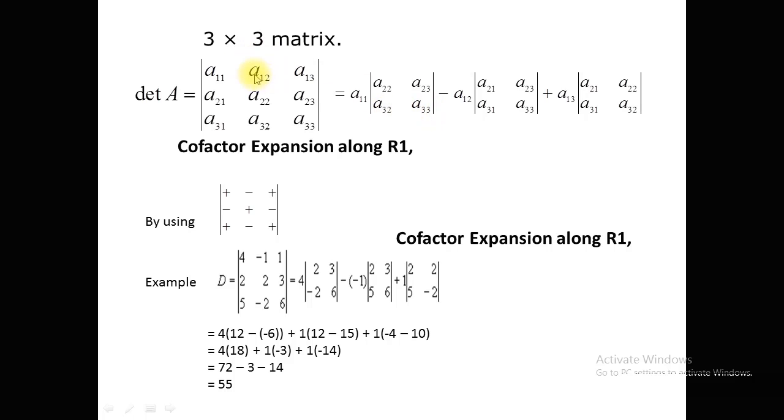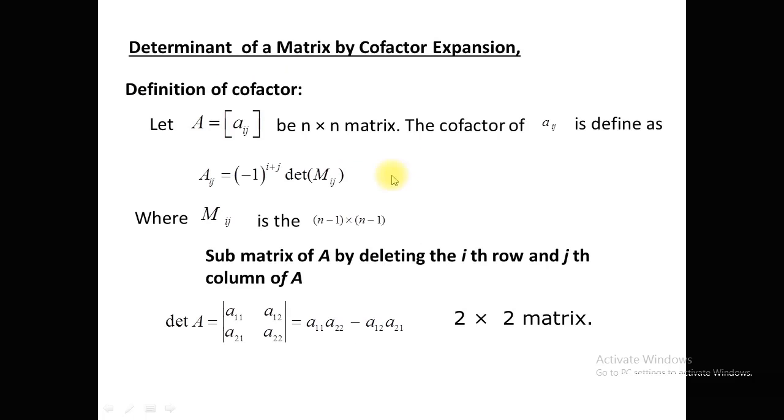Now write the second element of the first row here, and the symbol will be negative because the position of the second element is first row and second column. If we put first row and second column, minus 1 power 3, we get a negative result.